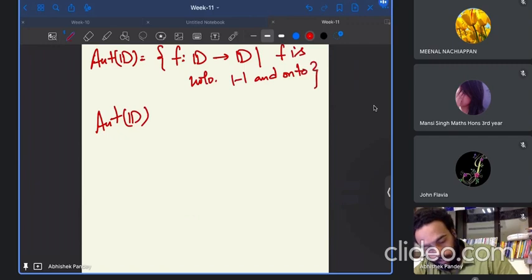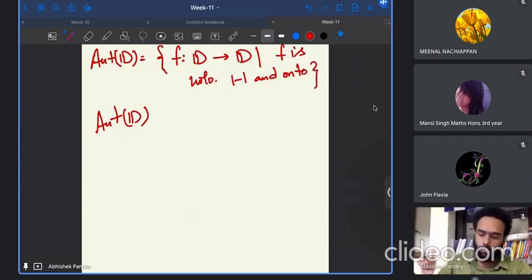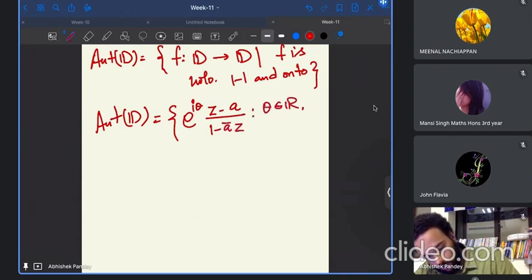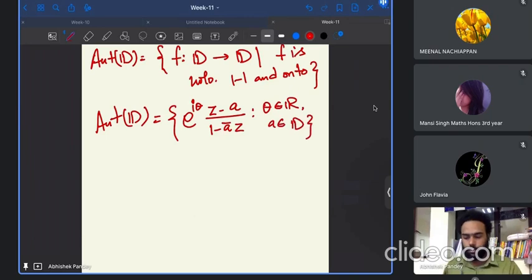Once you have these conditions, f inverse is again holomorphic, one-one and onto. Using Schwarz lemma, you can prove that an automorphism of D is basically e to the power i theta times (z minus a) upon (1 minus a bar z), such that theta belongs to R and a belongs to the unit disk. So this is the result.